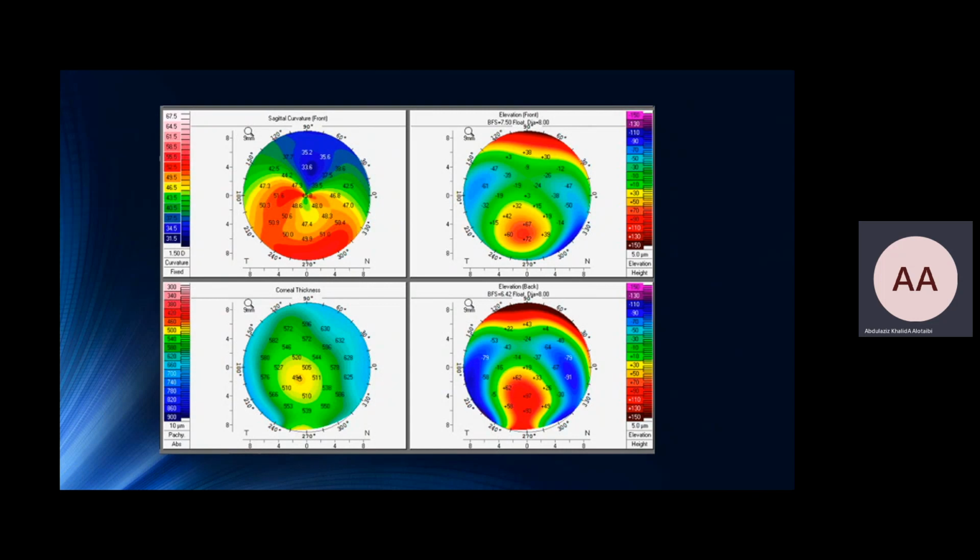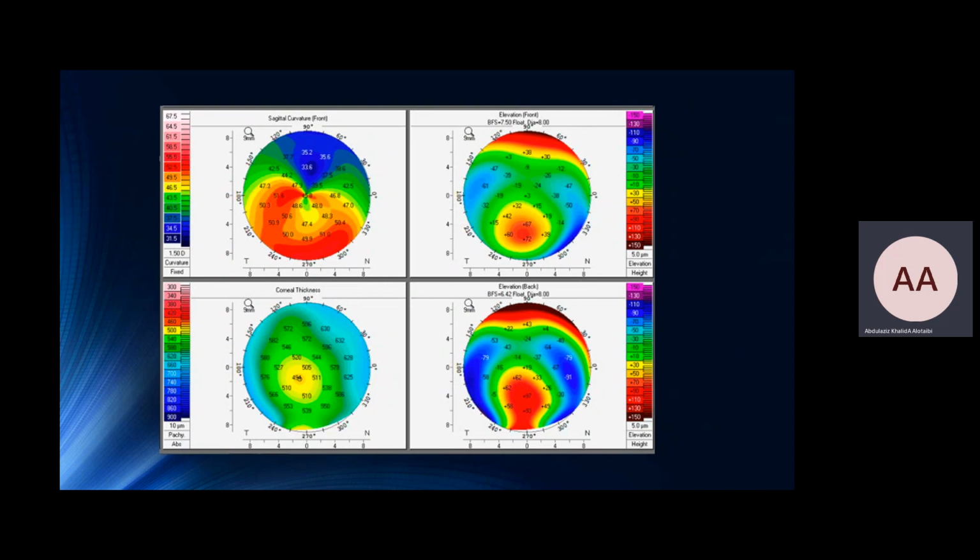It's close to the cloud appearance. Also in the elevation map, I can see an increase of more than 12 in the anterior elevation map and more than 15 in the posterior elevation map. There's also displacement here. Okay, so what do you think?